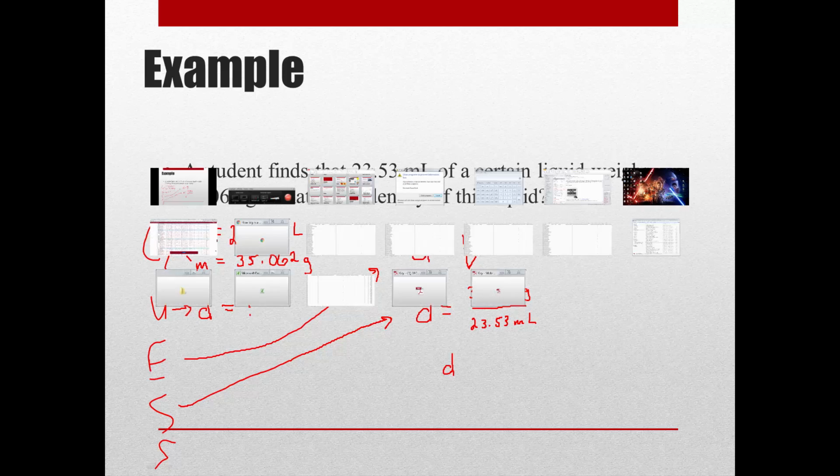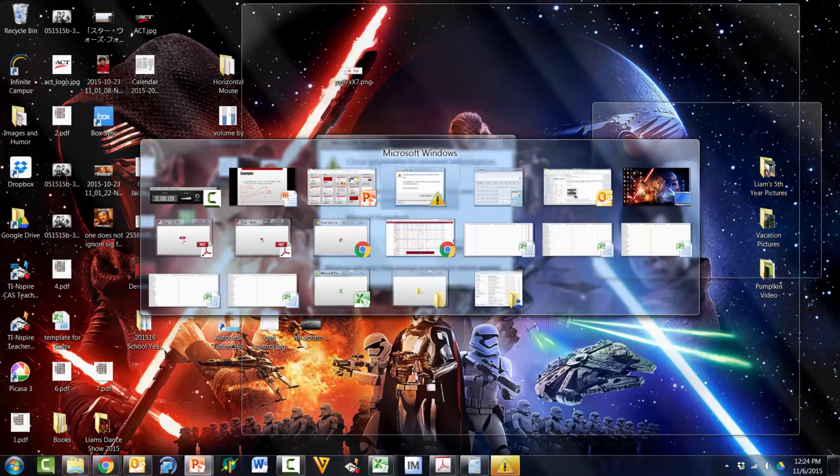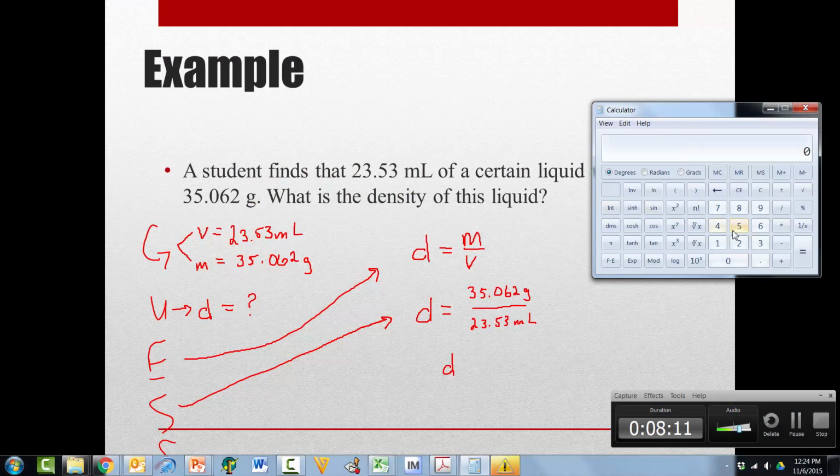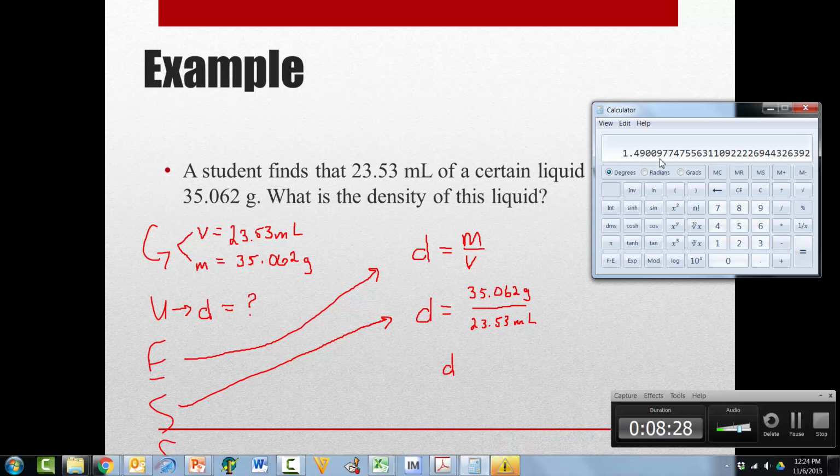Let me get the calculator out here. So we're going to take 35.062 and we're going to divide that by 23.53. We hit equals, and we're getting 1.49009.